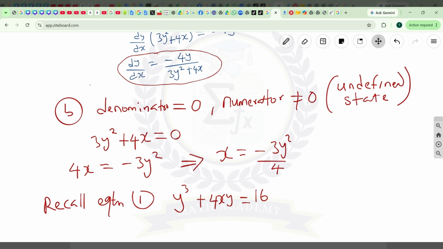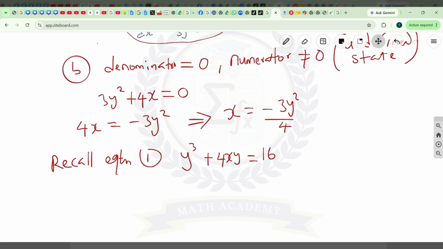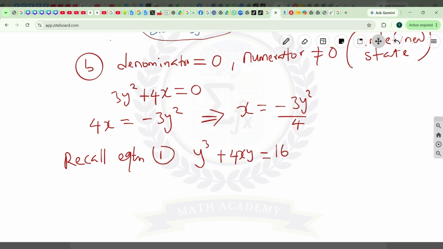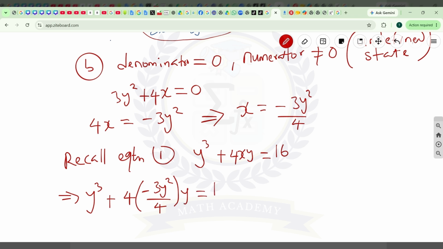Anywhere we see x, we put negative 3y squared over 4. So that's going to say that I have y cubed plus 4 times negative 3y squared divided by 4, times y, is equal to 16.